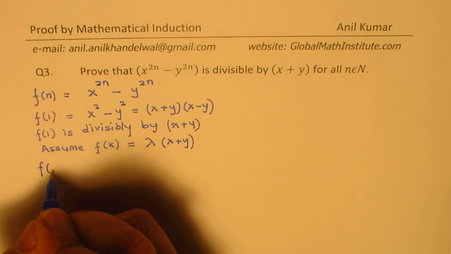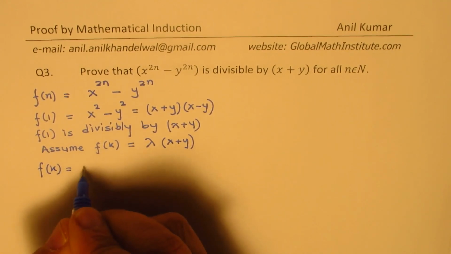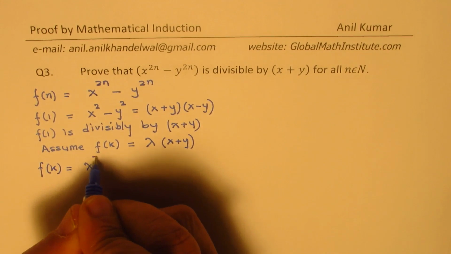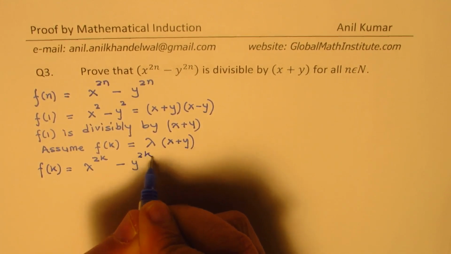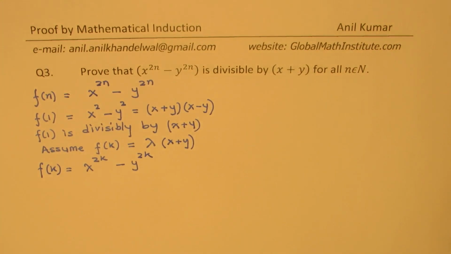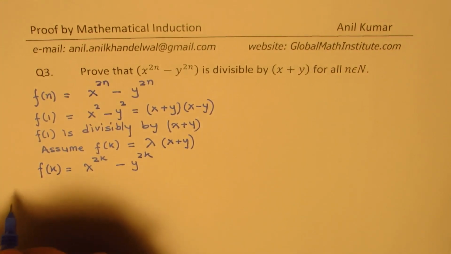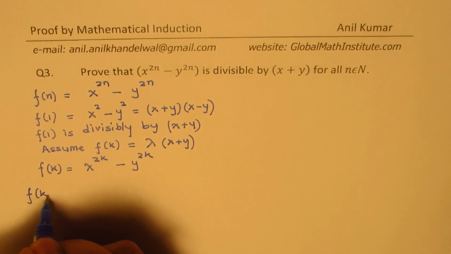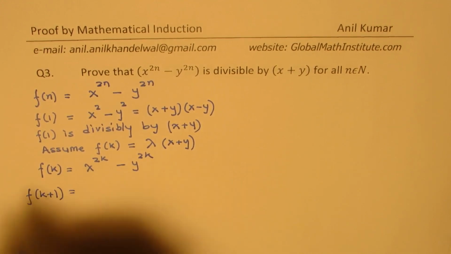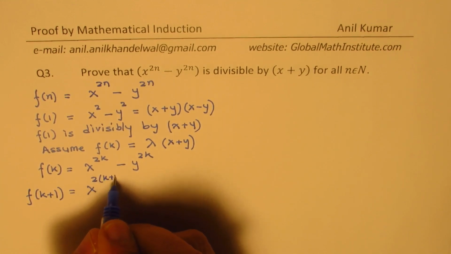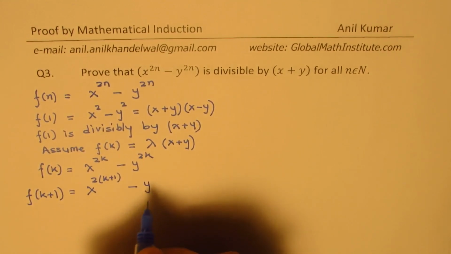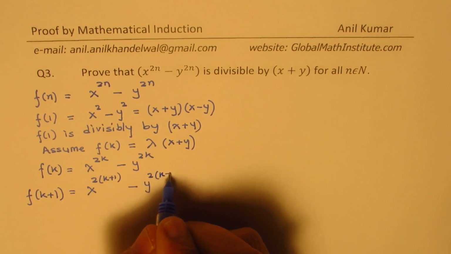So we have f of k as equal to x to the power of 2k minus y to the power of 2k. Correct? Now what we need to prove is whether f of k plus 1 is divisible or not. So we get x to the power of 2 times k plus 1 minus y to the power of 2 times k plus 1.